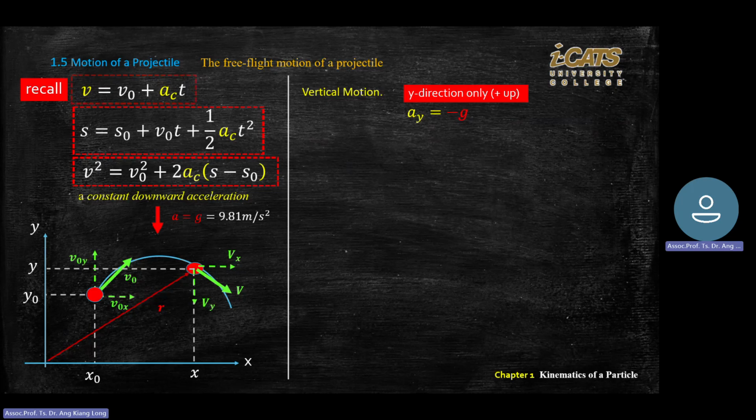Write the first equation. Modify the acceleration as this one: a equal to ay, which is negative g. Your equation becomes this one. V becomes Vy, vo becomes Voy, and at becomes negative gt. Do the same for the second equation.